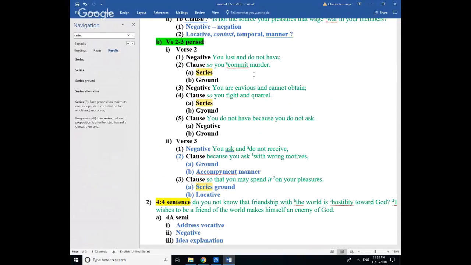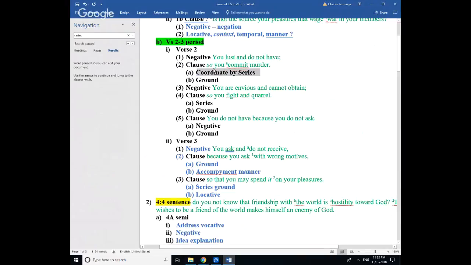What was the word that the Bible people use? Coordinate. Coordinate, okay. And we're going to add a word right here. By series. We're going to make it red just to see that we've already done that one.